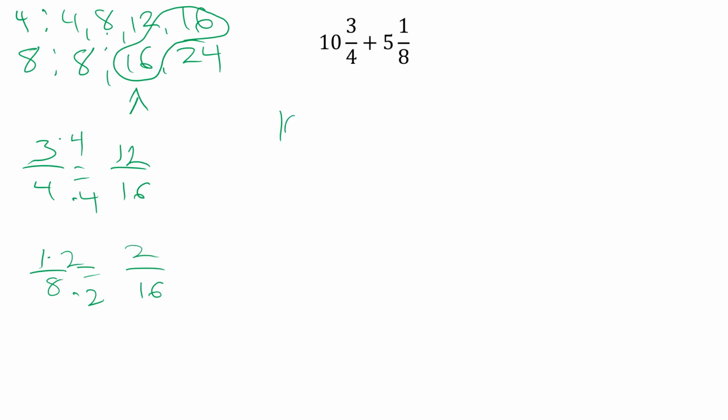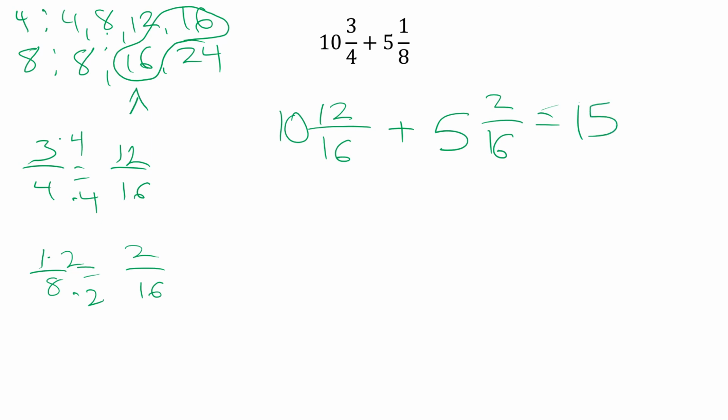So now substitute our equivalent fractions in. We get 10 and 12/16 plus 5 and 2/16. And we'll get 10 plus 5 is 15. 12 plus 2 is 14 over 16. And then ask your big question, can we reduce our answer?